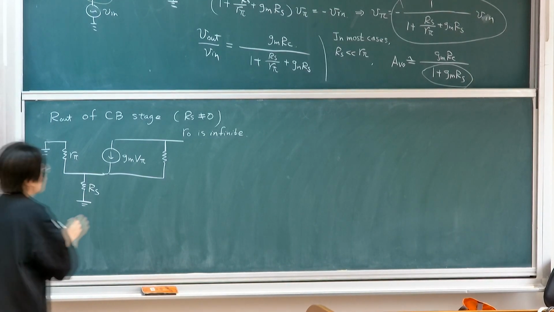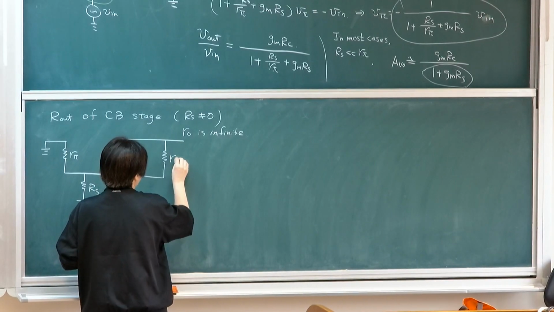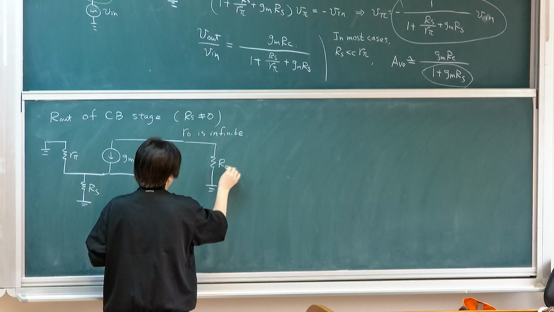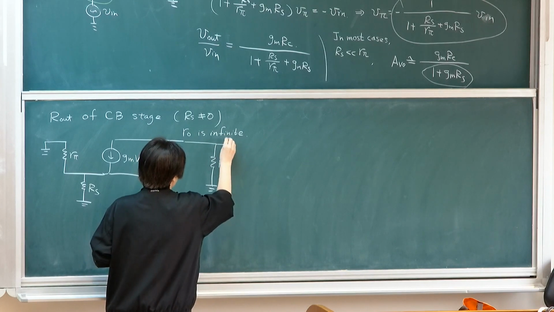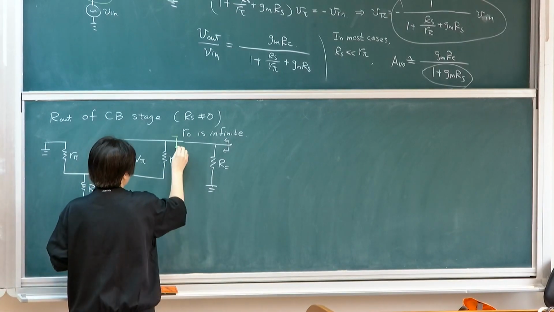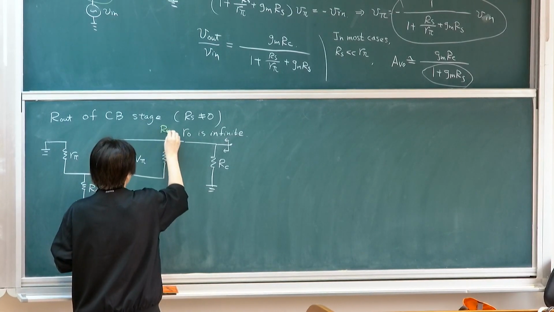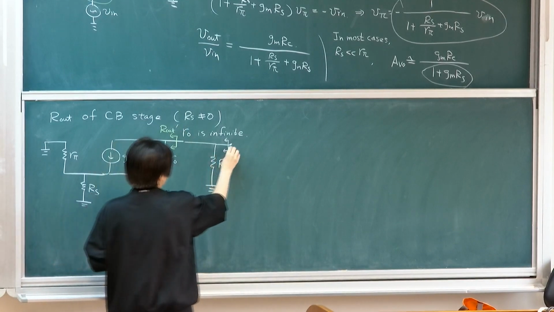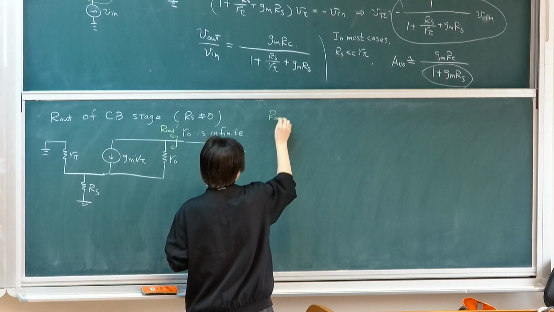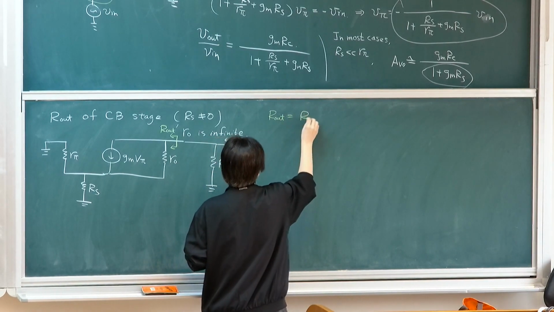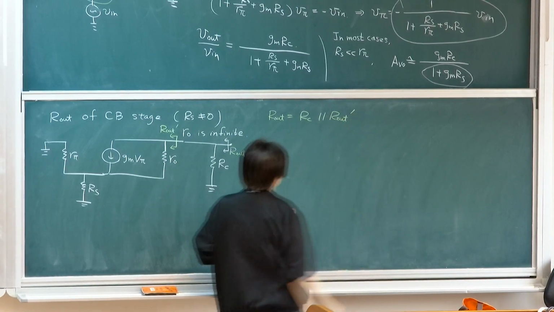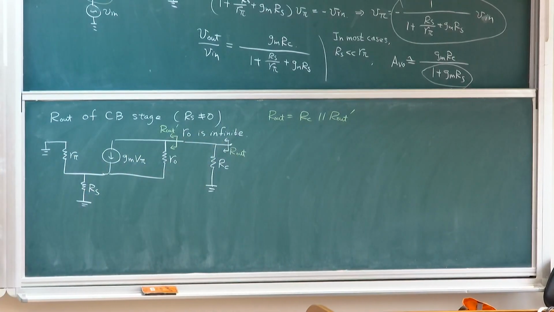You don't need to consider that. But if this RO becomes finite, let's see how that impacts our output resistance. This is where we're looking at the output resistance. Typically what we do is bring in RO prime. This is R out. So your output resistance of the stage will be RC in parallel with RO prime when we're looking at the collector itself, right?